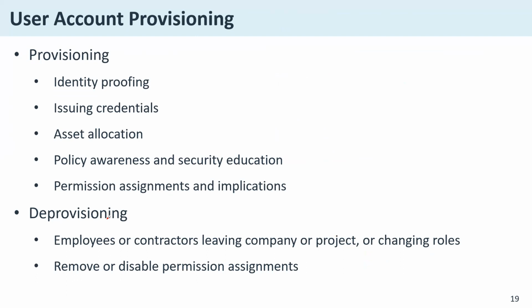Okay, now user account provisioning, like I said earlier on. So you want to proof identity, you want to issue credentials, you want to allocate assets, allocate files, allocate platforms. Then very important is policy awareness and security education. So you don't have security if you don't have policy awareness.